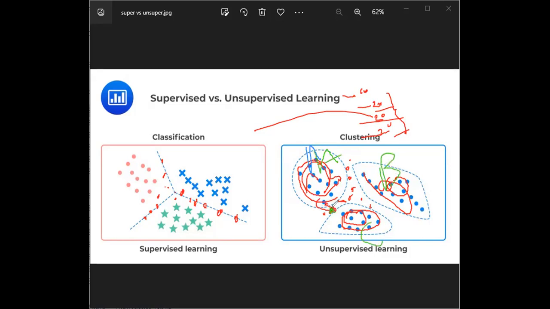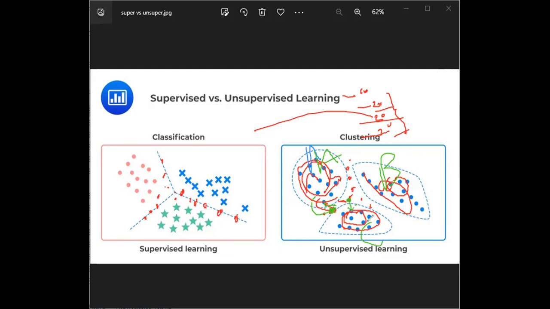If one point is here and its distance from point a is less, then this point comes under the A category. Similarly, it will check the distance.